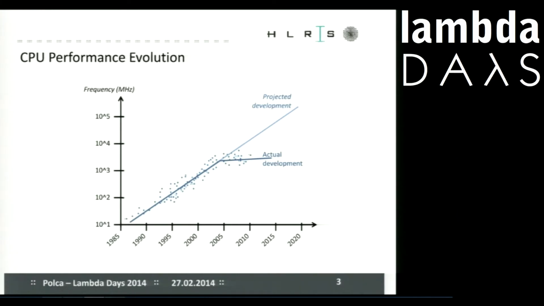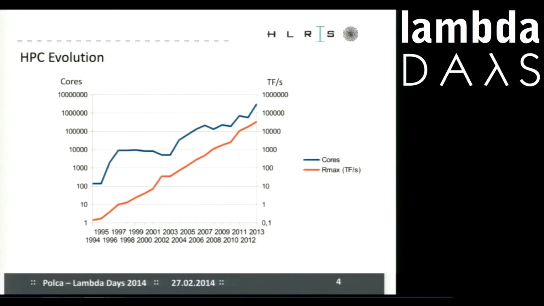So how do we try to make machines faster? We just add more and more cores. In this graph, we can see the last 20 years of evolution of HPC. On the left column, we have the number of cores that the most performant HPC machine had.